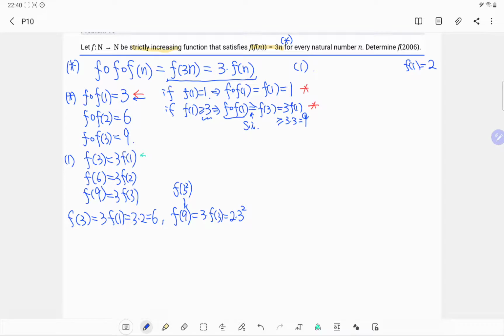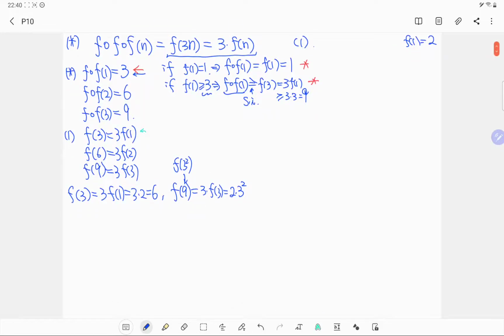So we come up with the idea that if n is 3 to the kth power, f(n) should be 2 times 3 to the kth power.